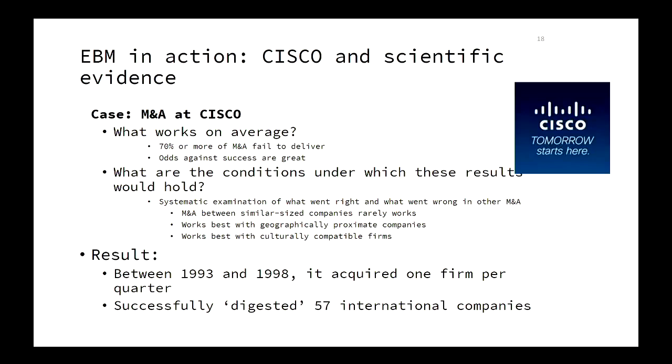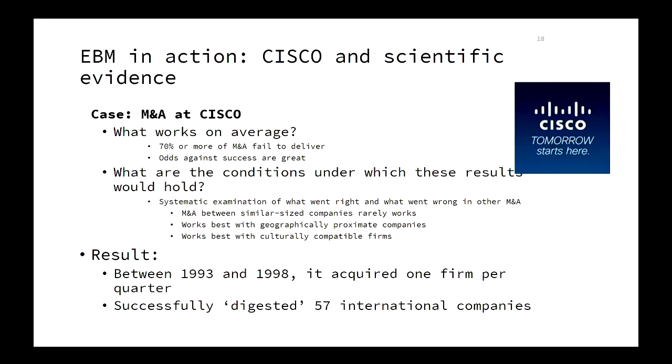Now what it found was that most mergers and acquisitions tend to fail because it's a very difficult operation to do. Trying to merge two very different types of organizations is usually not successful. Usually it leads to break up or the two companies fail because they've been trying to merge their operations. So Cisco was not completely dissuaded.